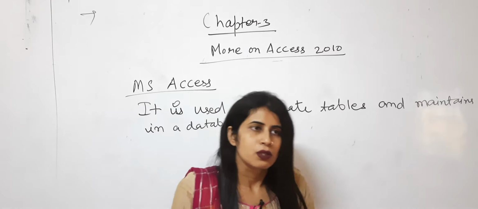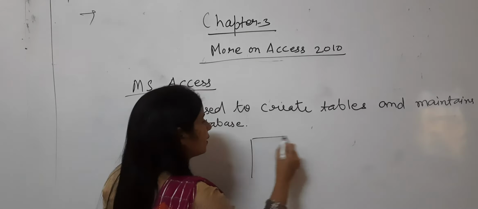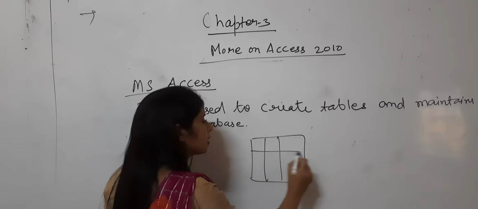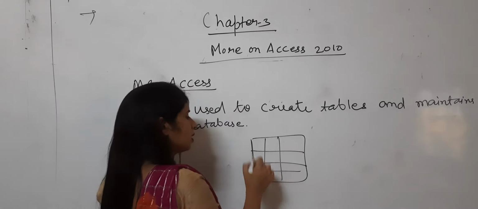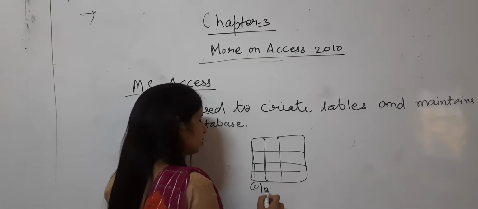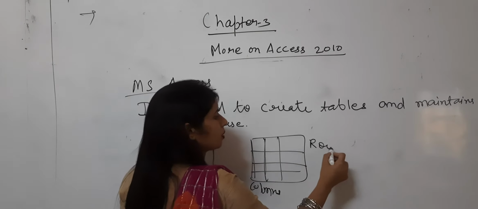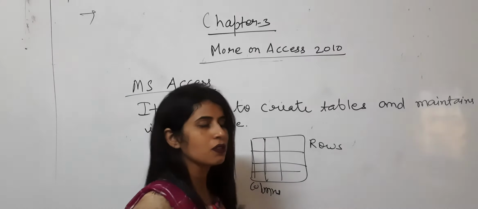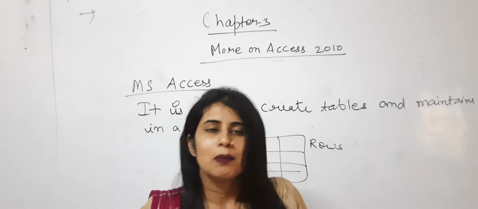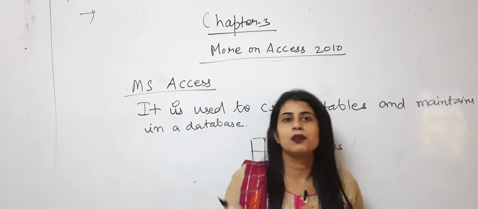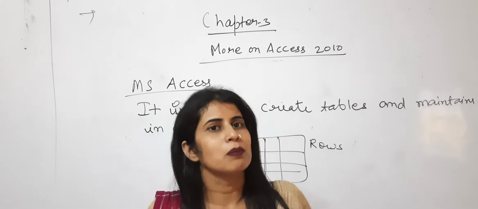In MS Access all the work is related to tables. In the tables we have columns and rows. We need rows and columns for a table. When we are trying to find information in MS Access, there are multiple columns and multiple rows.